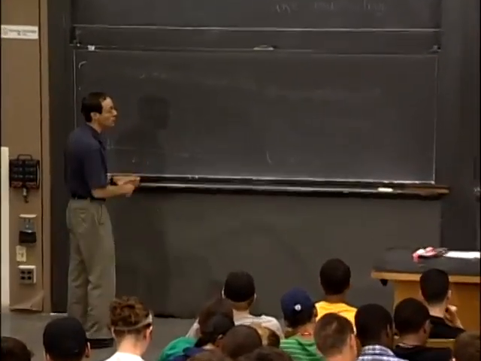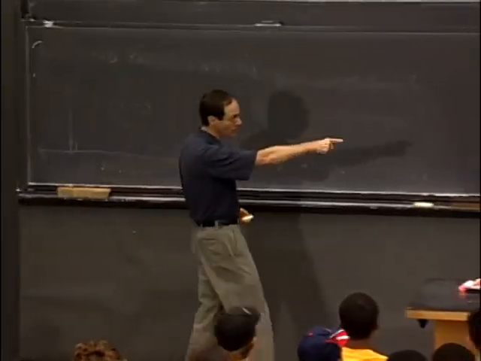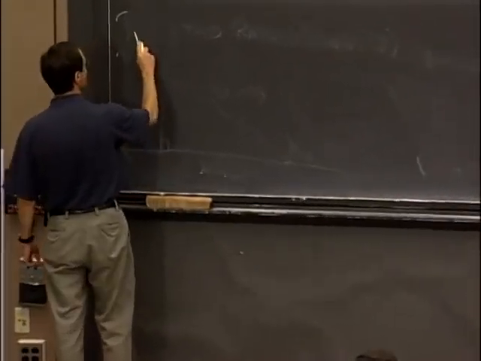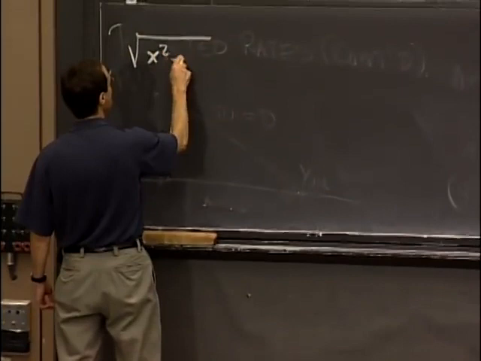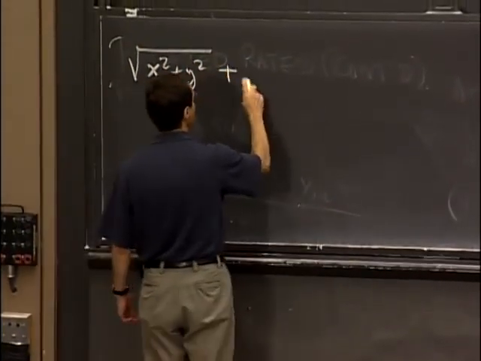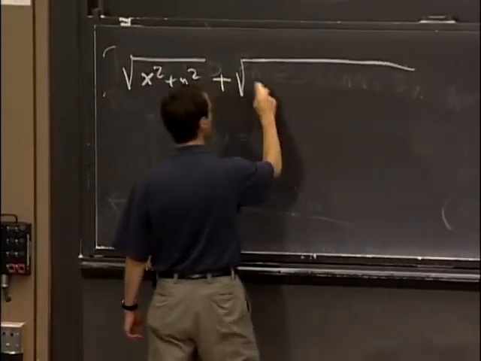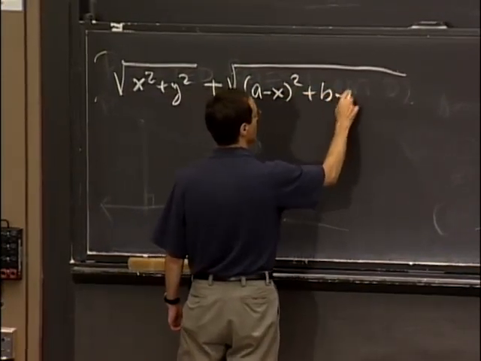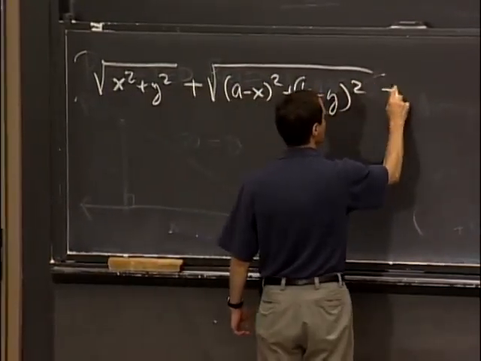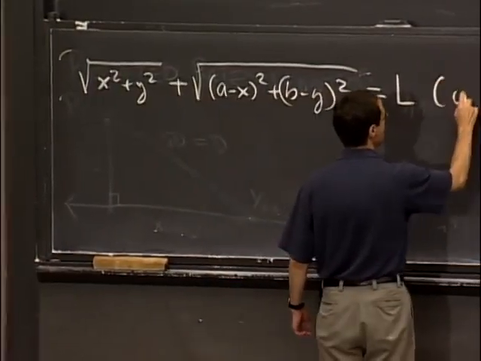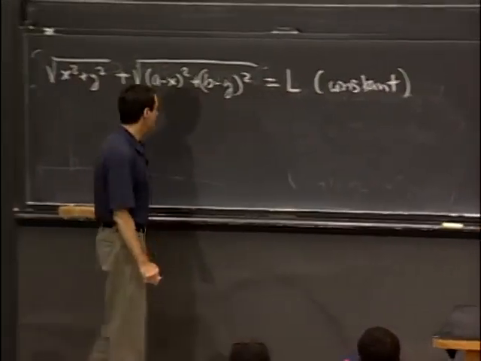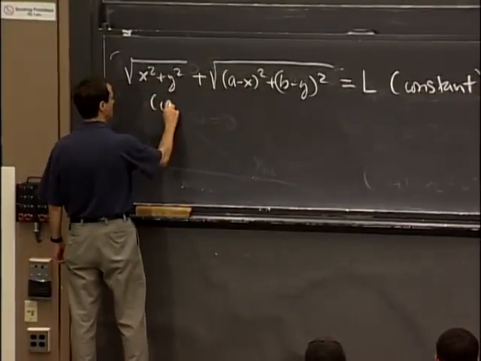I claim that what's constrained, if I'm along that curve, is that the total length is constant. So that's this statement here. The square root of x squared plus y squared plus this other square root, these are the two lengths of string, is equal to some number L, which is constant. And this, as I said, is what I'm calling my constraint.